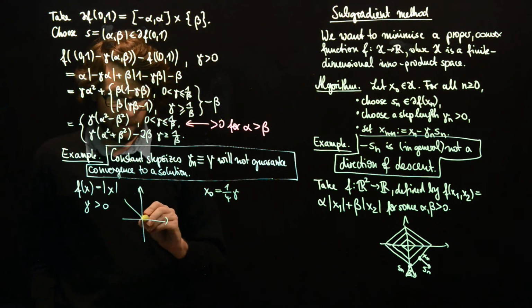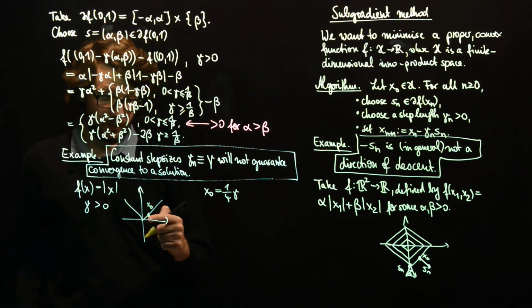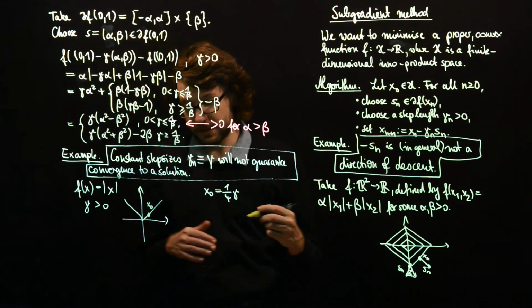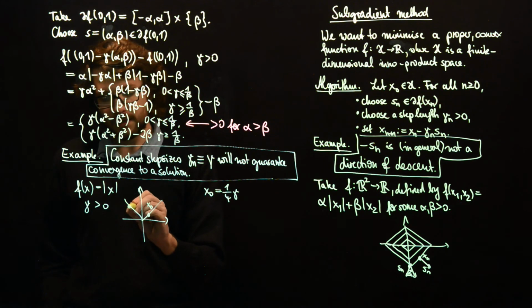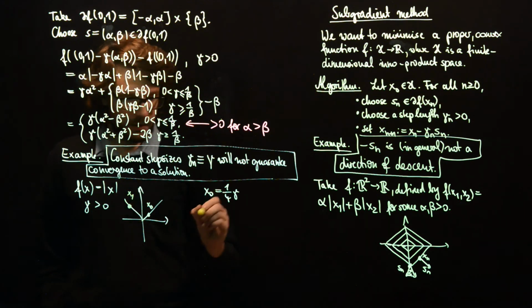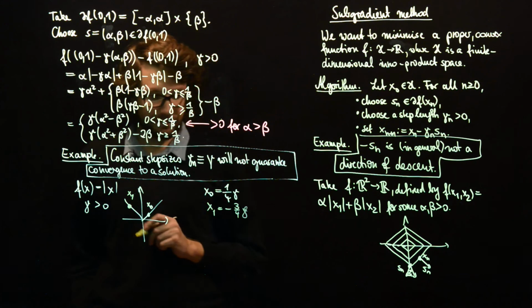Then the subdifferential here, so this is x0, will be 1, and minus the subdifferential will be minus 1. So you go into the negative direction with a step length of gamma. So you end up somewhere here at minus 3/4 of gamma.